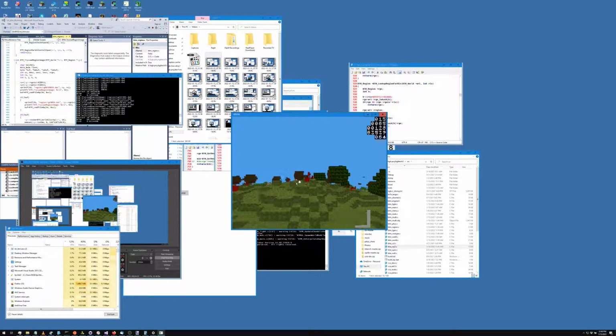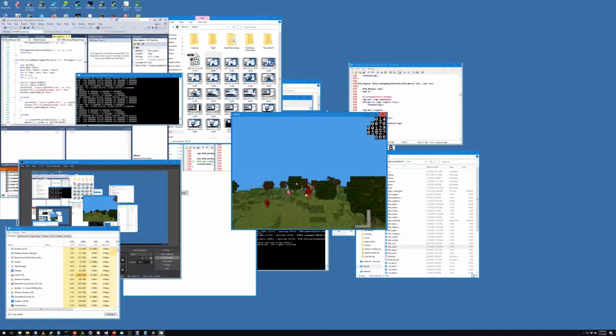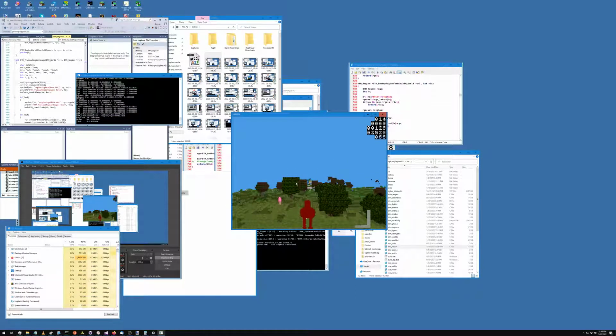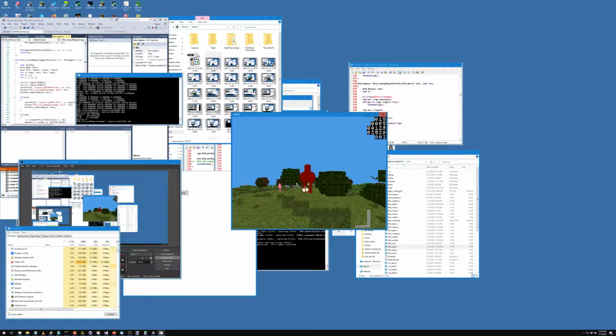Now at about 2 kilometers from origin, current memory use is 51.3 megs.